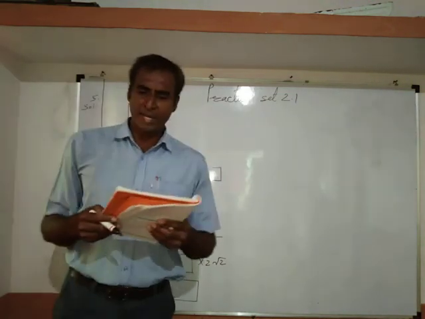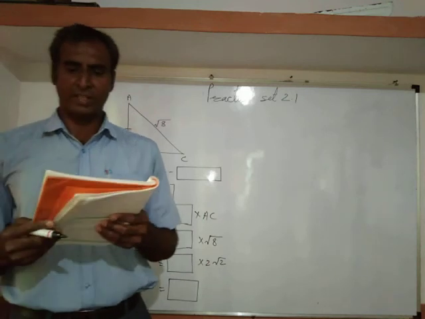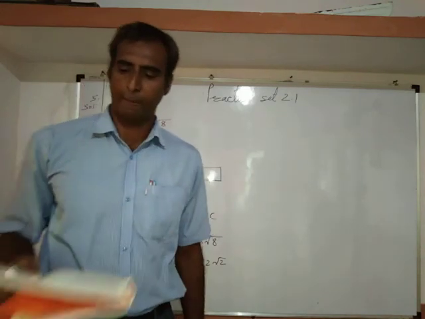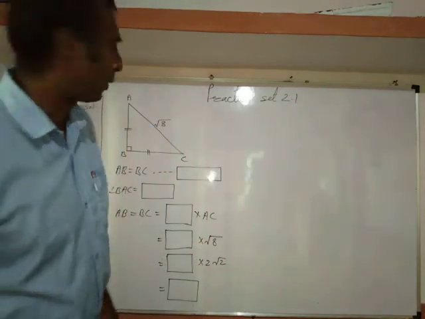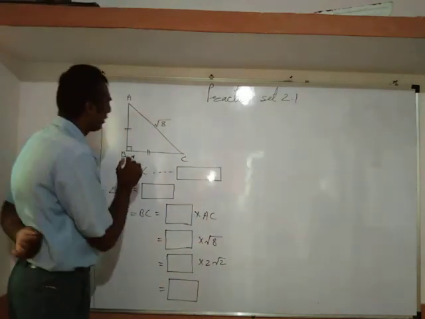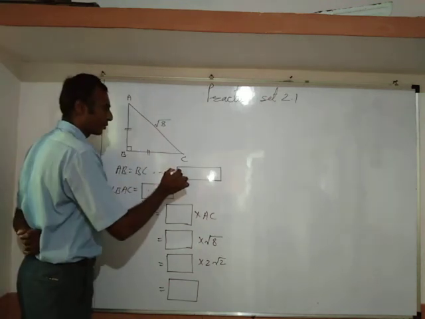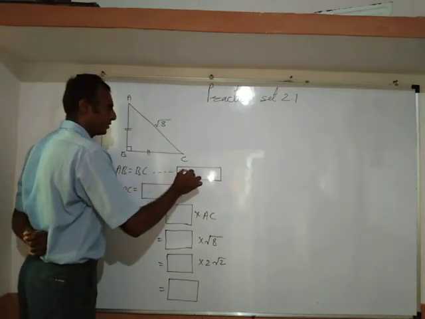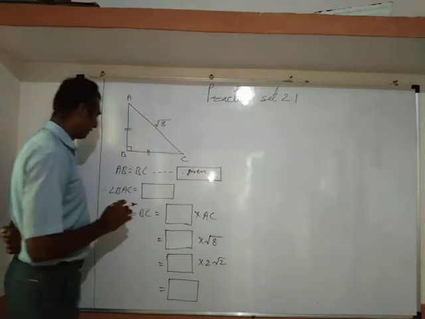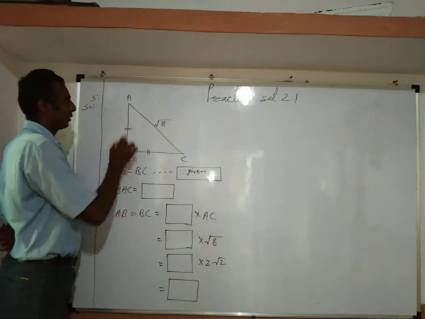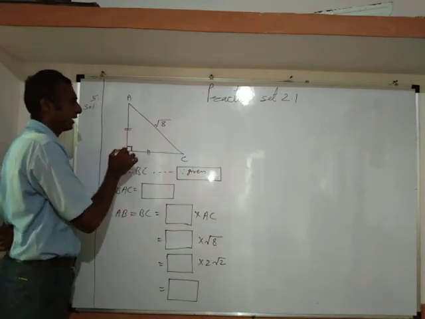For finding AB and BC with the help of the information given in figure 2.20, complete the following activity. AB equals BC. If you observe the diagram carefully, it is given in the diagram. That's why we are going to say there, since it is given. Therefore, angle BAC equals. Now here you may note, angle ABC measures 90 degrees.